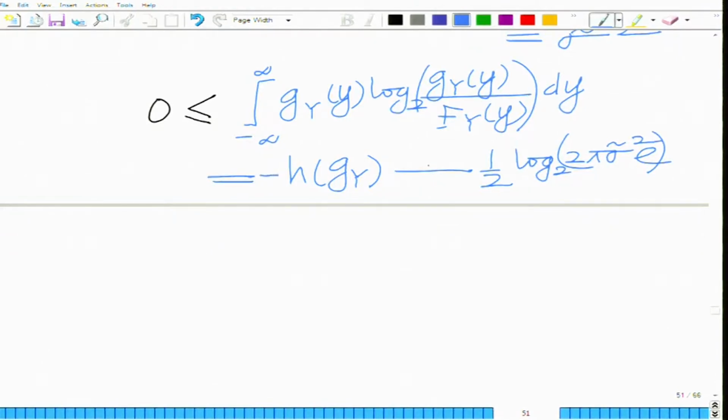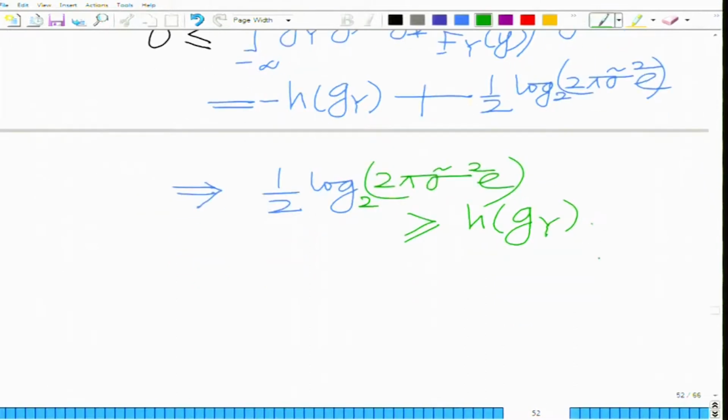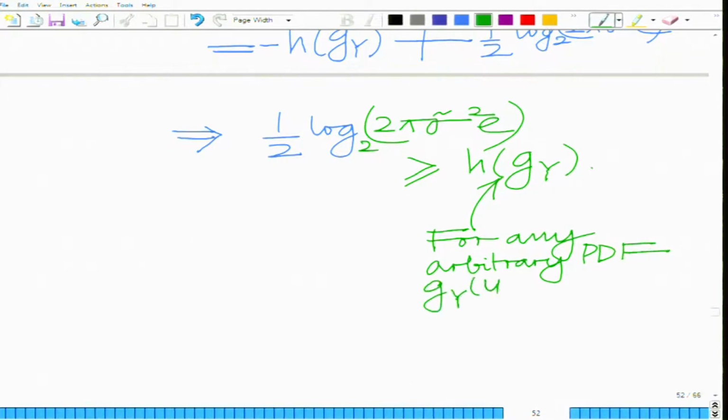I am sorry, this is minus and this is plus, which means half log to the base 2 of 2 pi sigma tilde square e is greater than or equal to h of g_Y for any arbitrary probability density function g_Y(y) such that expected Y square is equal to P.